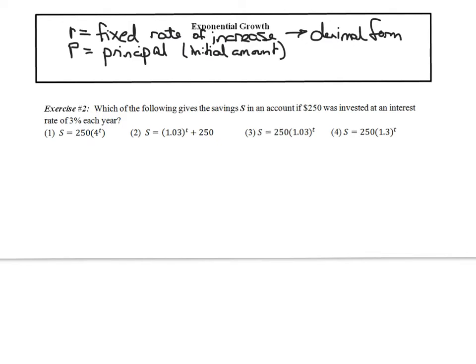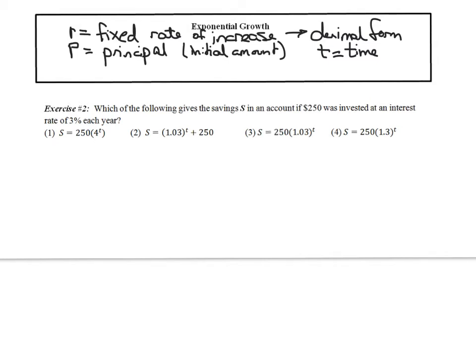And then in our equation, we're going to use t to stand for time. Usually the time stands for years, but we're going to see in the next lesson that our time can be any quantity. It can be months, it can be days, but for this lesson we're going to say t is time, usually in terms of years.